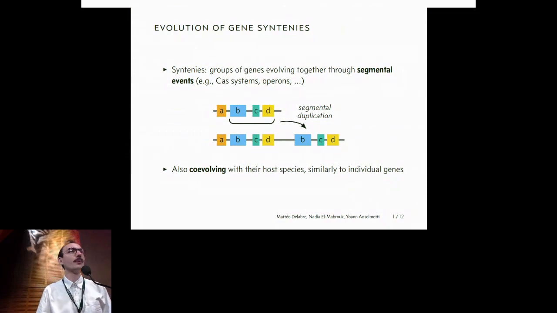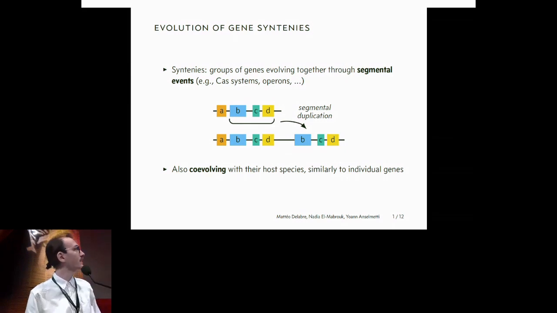What we refer to as gene synthenies are basically any kind of gene clusters that are known to have a shared evolution by segmental events. So, for example, gene clusters or operons. And by segmental events, I mean, for example, segmental duplications.